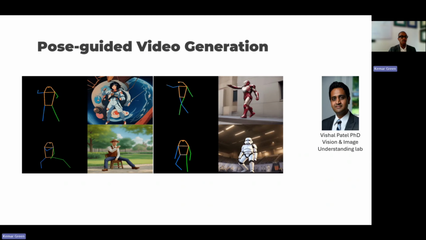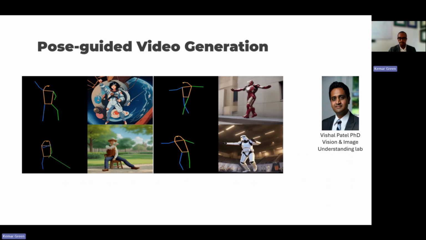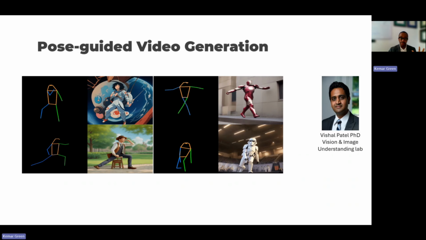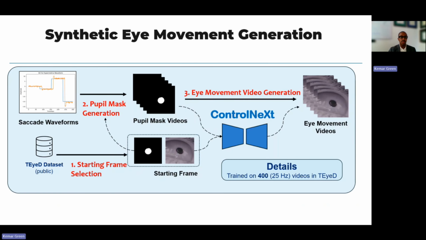So our solution was to develop this pose-guided video generation method where we generated the waveform and used those generated waveforms to generate videos. And so here on the extreme top left, we have the waveform of the eye movement type that we wanted to generate. This is saccade. We're modeling asymmetry or inaccuracy of saccades.